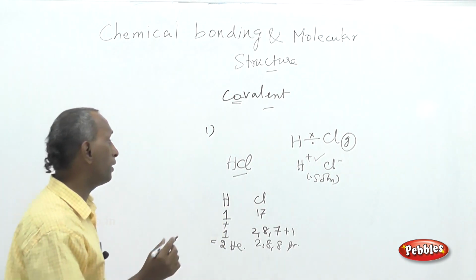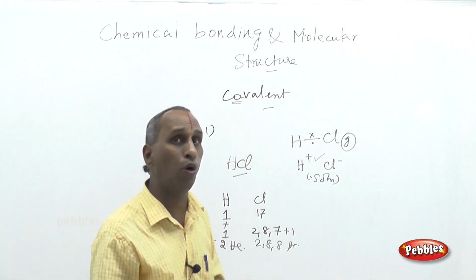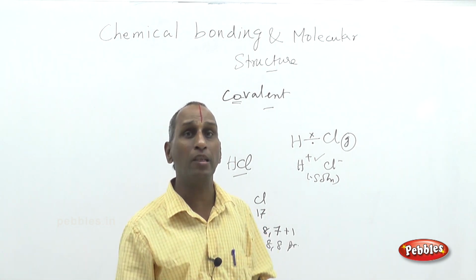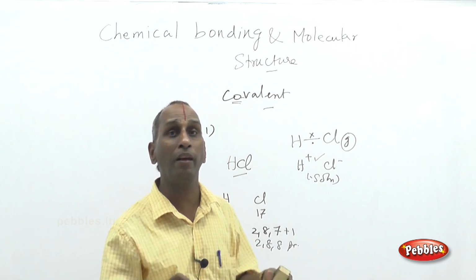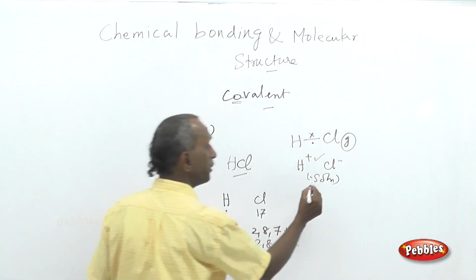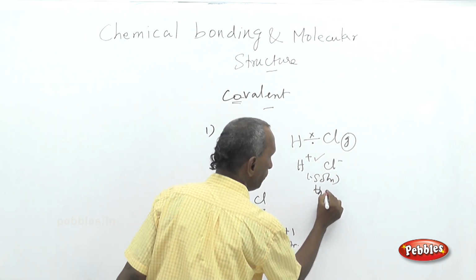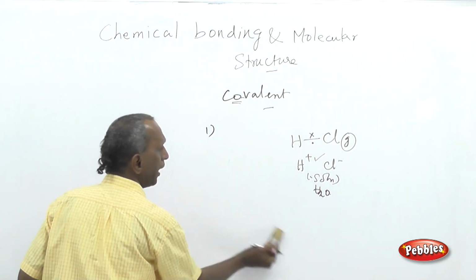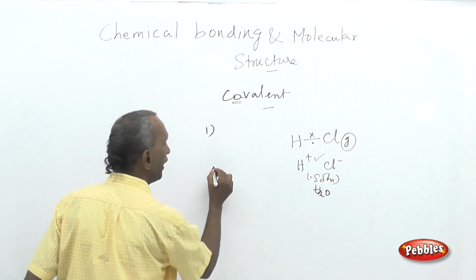So the linkage between hydrogen and chlorine is covalent, more covalent in the gas phase and more ionic in the aqueous phase. Aqueous phase means dissolved in water. So this is called partial covalent character or partial ionic character.